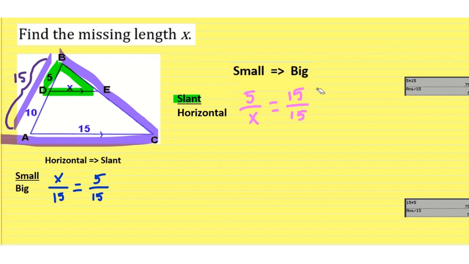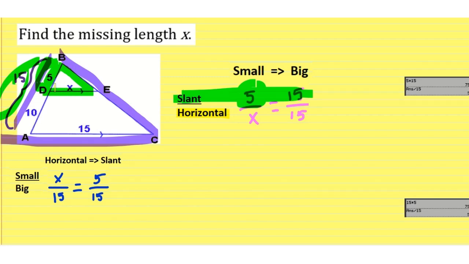And purple over there is not really working, is it? Okay. So I'm going to set up my ratios to be the slanted side. So this is going to be a slanted side and a slanted side. So 5 is related to 15 across the top. Those are all the slanted sides. And the bottom is going to be the horizontal.